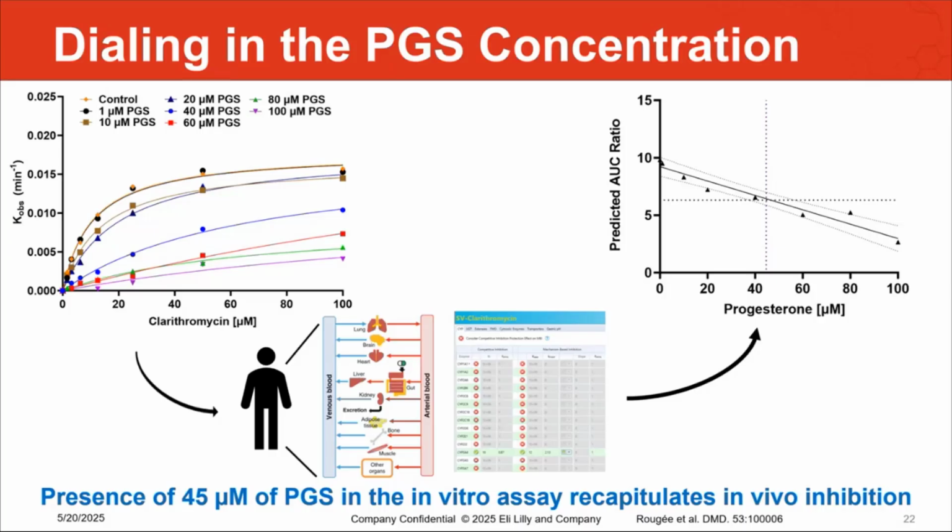And across a variety of studies in 2 different inhibitors, we found that the presence of 45 micromolar progesterone was sufficient to replicate in vitro TDI kinetics that recapitulated across the board the in vivo inhibition. And so now with this modified optimized condition, the question was, does that work outside of just the clarithromycin or erythromycin across different mechanisms and across a variety of chemistries that exist?